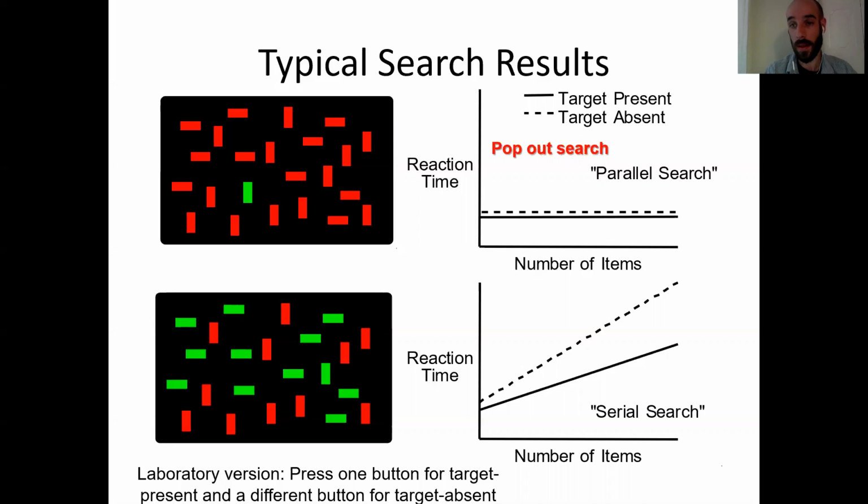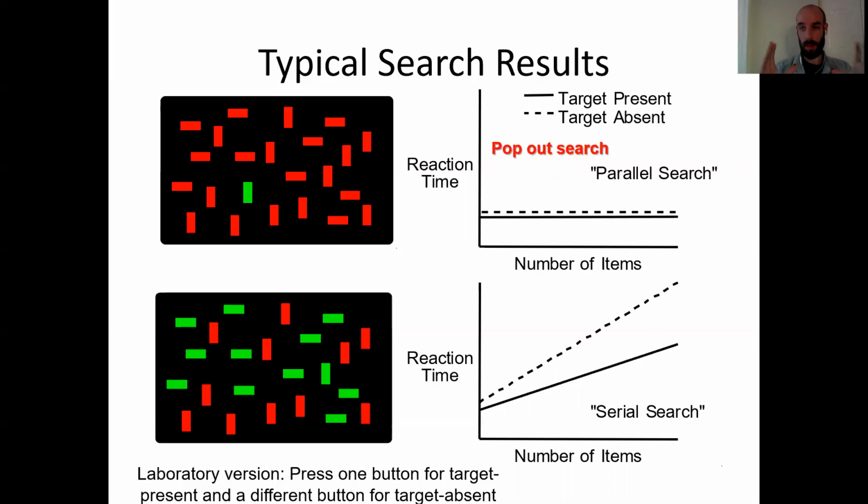Whereas in the Sternberg paradigm, remember this is searching the letters in working memory, that was exhaustive. So it doesn't matter whether the target was there or not, I would search all of the items in memory. In this case, in conjunction search, it is self-terminating. I terminate, I press the button once I find it, and so it is a different reaction time between target present and target absent trials.